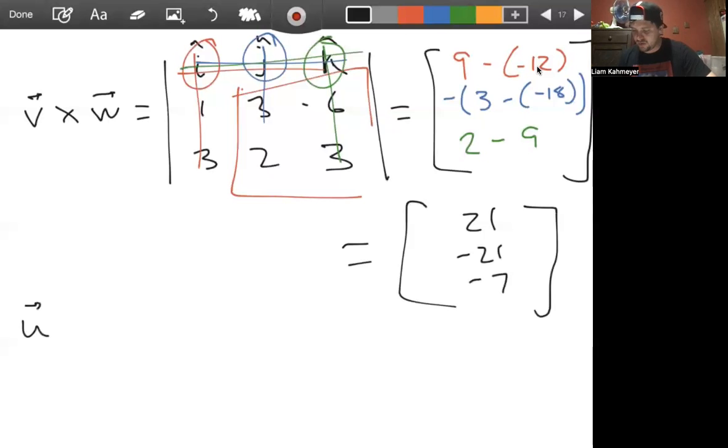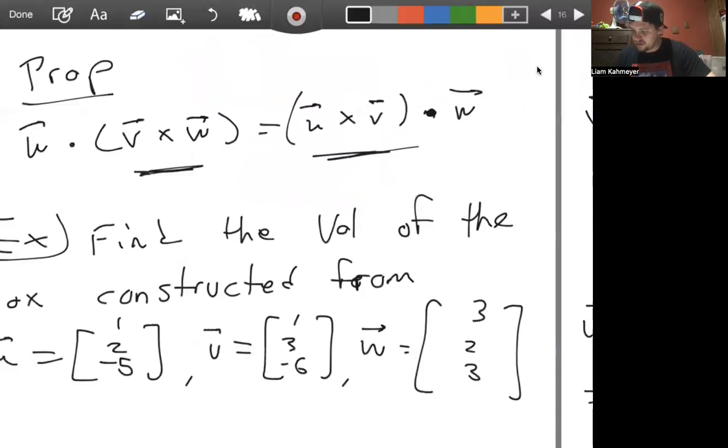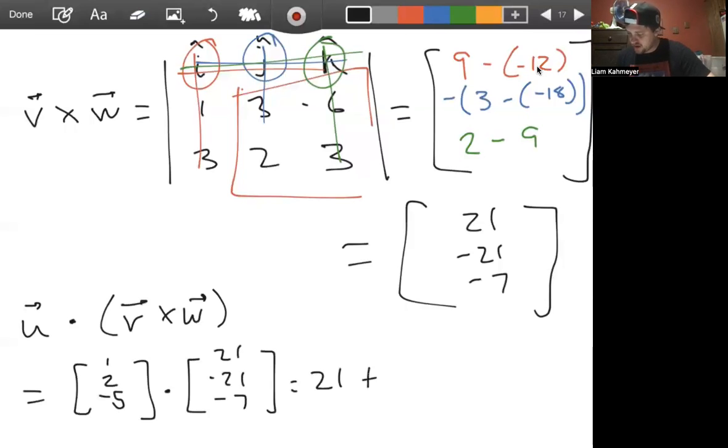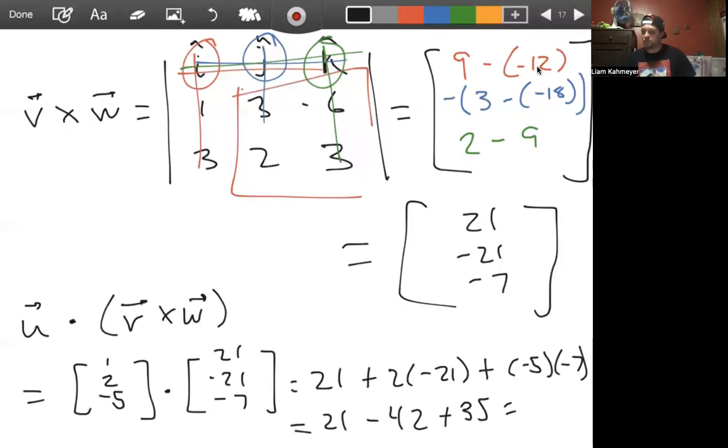And now we need u dot v cross w, which means we have (1, 2, -5) dotted with (21, -21, -7), which will be 21 plus 2 times -21 plus -5 times -7, which is going to be 21 minus 42 plus 35, which should be -21 plus 35, which is 14.